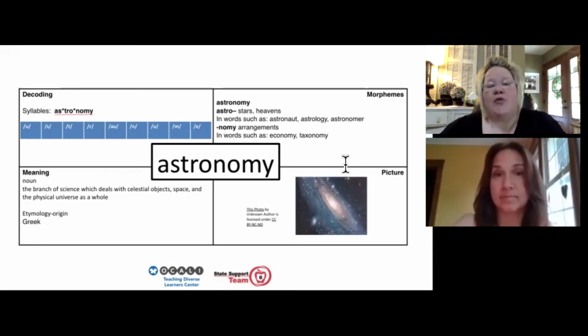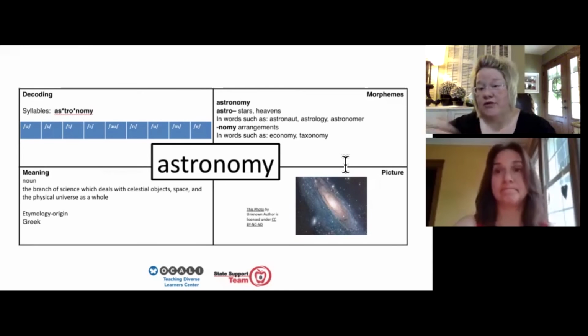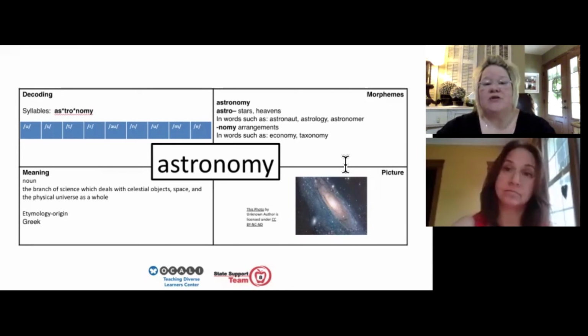So when you were talking about the word families, this model or example does kind of call out those morphemes and give additional layers of words that use those same morphemes. So with the word astronomy, it actually has 2 different morphemes within it.